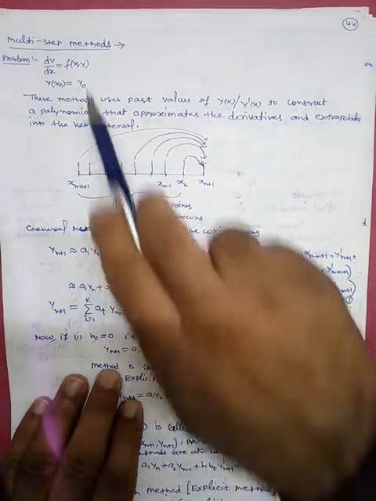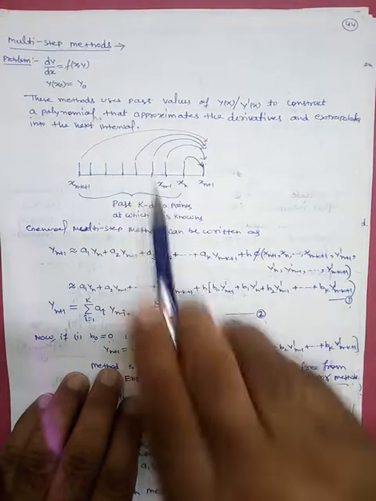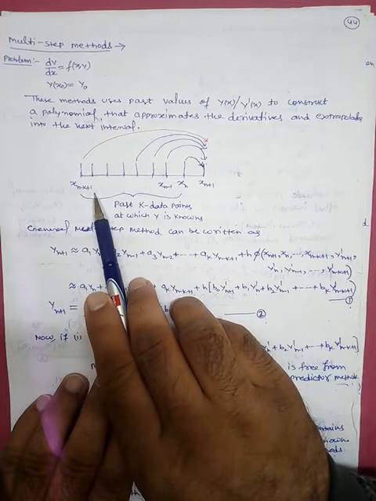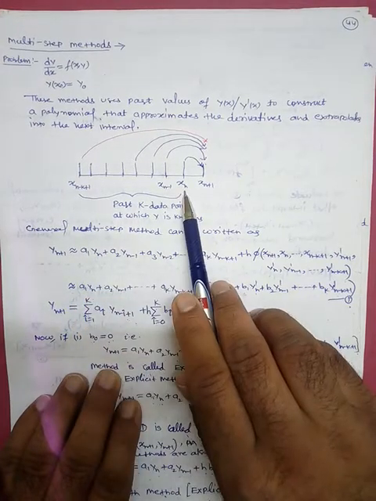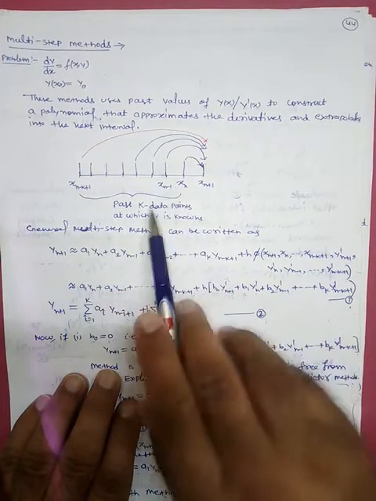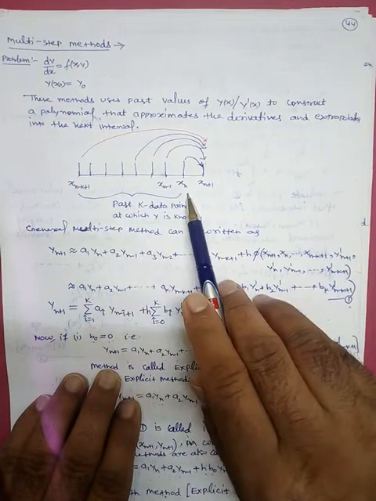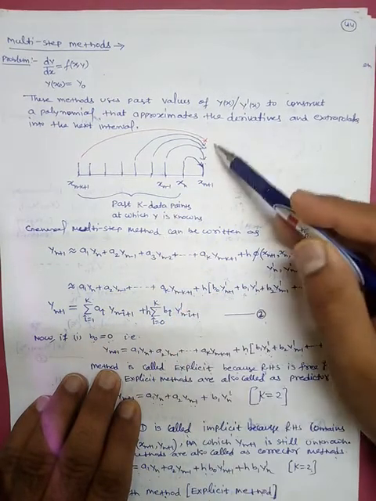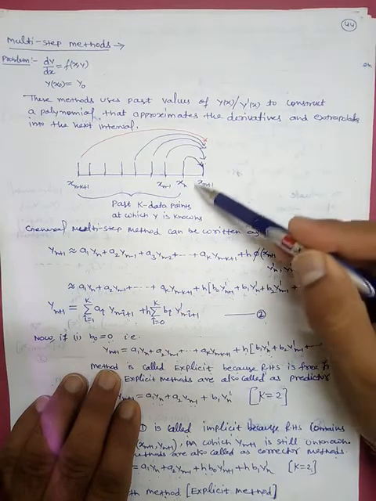Here is the data, here is this range. Past data means we are having, for example, past data from the x n minus k plus 1 point to the x n point. So these are a total of k past data points, and we are trying to predict the value of y at point x n plus 1.